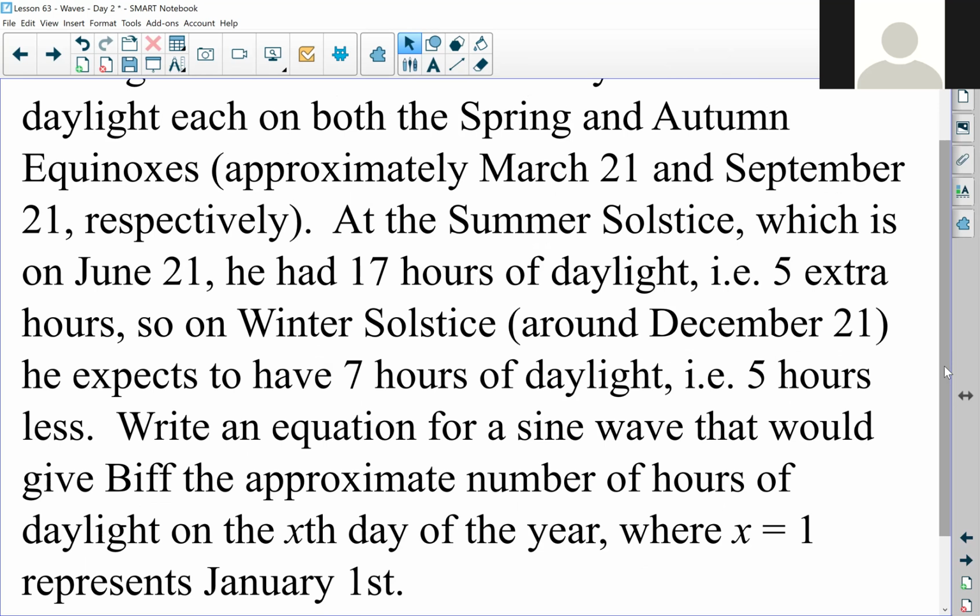If we wanted February 28th, well, we'd have to take the 31 days in January plus the 28 days in February. So that would be 59. We'd plug 59 in for x. And I will show you on the next page some of the values for x for the special days of the year, because it's going to be necessary for this problem as we move forward.